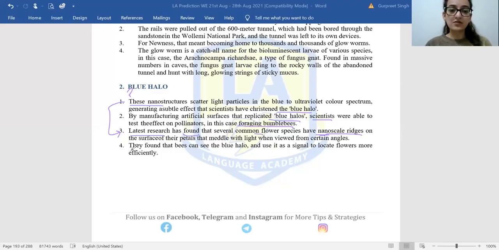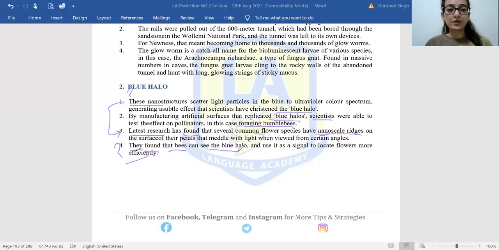They found, so the next question arises, who is they? They found, obviously there should be some human beings because found cannot go for non-living things. So they found bees can see the blue halo and use it as a signal to locate flowers more efficiently. Here, the next elements that we have are bees and blue halo.